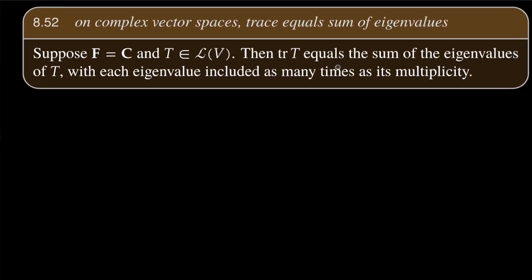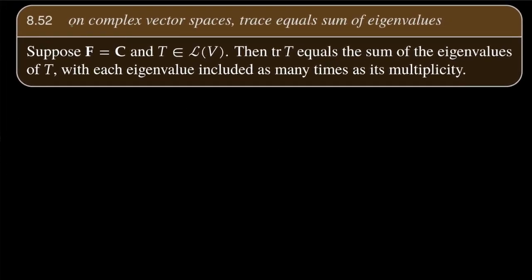All right, so what the heck is this thing? Here's the answer. It's actually pretty easy. On complex vector spaces, the trace equals the sum of the eigenvalues. On real vector spaces, it equals the sum of the eigenvalues of the complexification, right? So here's the idea. Proof. Suppose that the field is the complexes and T is an operator on V, a finite dimensional complex vector space.